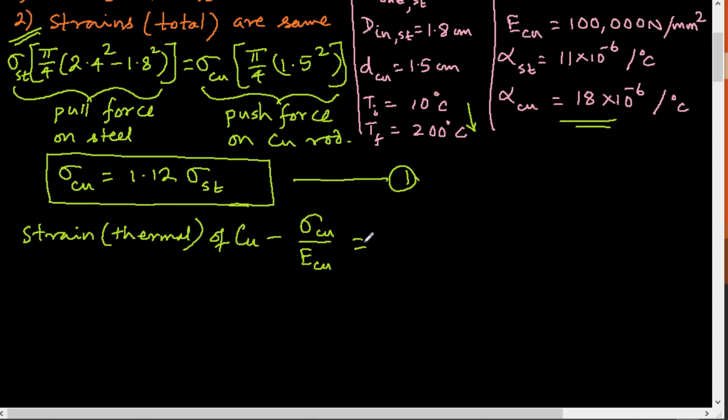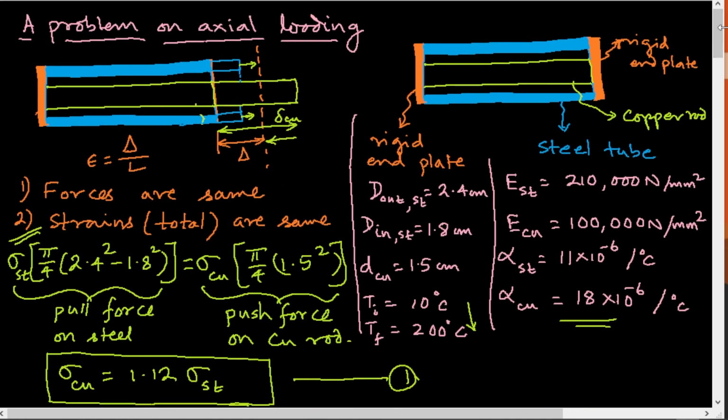Now this has to be equal to the thermal strain of steel plus sigma of steel over E of steel. Fine. So this thermal strain was this one. Suppose this was delta steel.